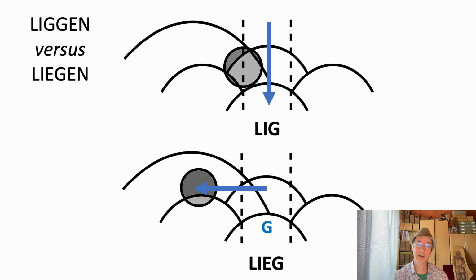As you can see here, lig is within our reach, lieg is outside our reach. So if you say that this is something that we should deal with, now it is out of reach. So if I say that this is within our reach, I'm lying. It's not true. It's outside our region of perception.